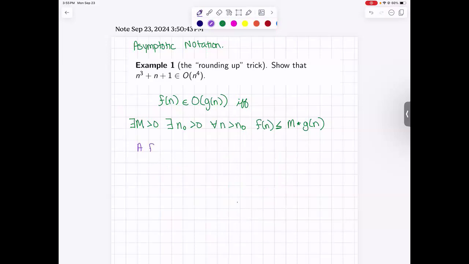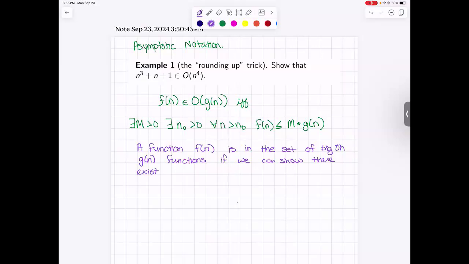So a function f of n is in the set of big O g of n functions if we can show there exists an n naught and an m greater than 0, such that for all n's greater than the n naught, our f of n, whatever it may be, will be less than or equal to our m times g of n. That's what we're trying to see.